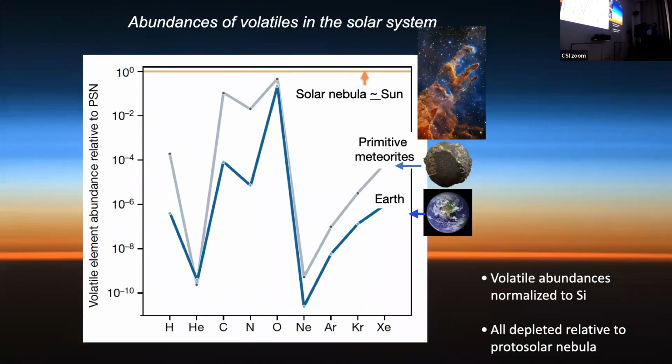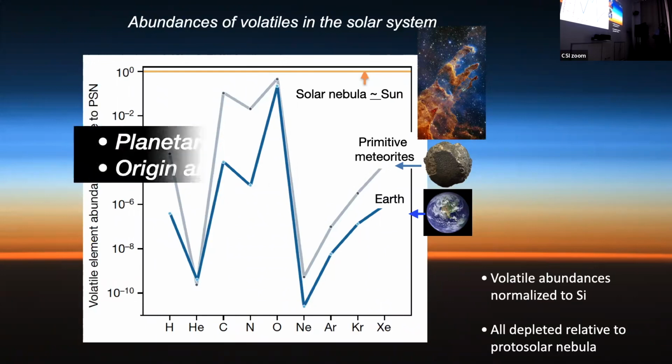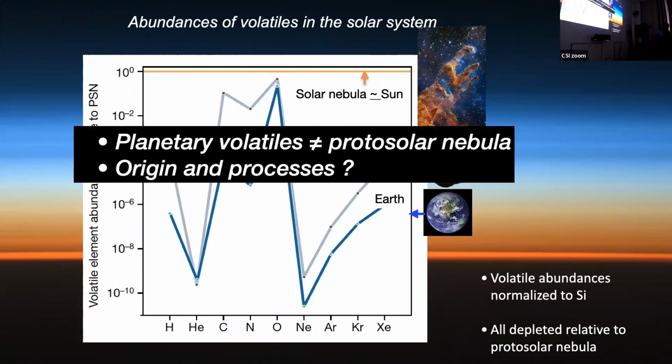And it's immediately obvious that the composition of the Earth and of solids in the inner solar system, exemplified by primitive meteorites, is very different from the composition of the initial gas. They are highly depleted and highly fractionated with respect to each other. So there must have existed some process that resulted in this fractionation. And this is what my talk is about.